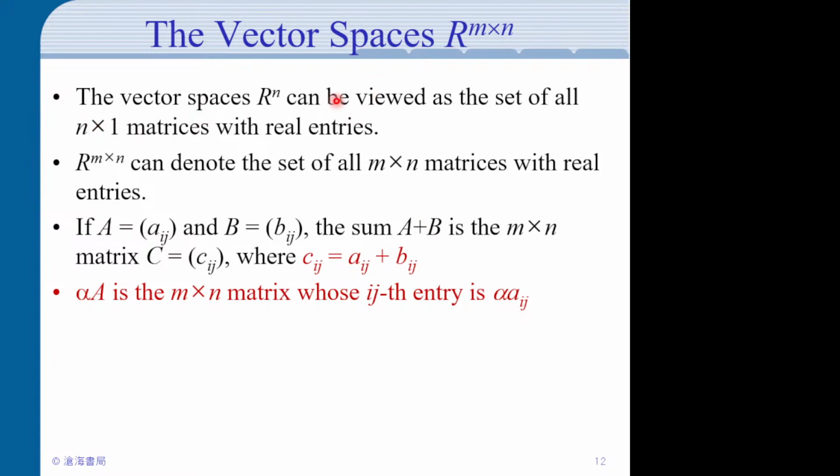Now we can define a weird vector space that has n times n elements. We can view all the n by n matrices as the vector space R n by n, which has n times n entries.